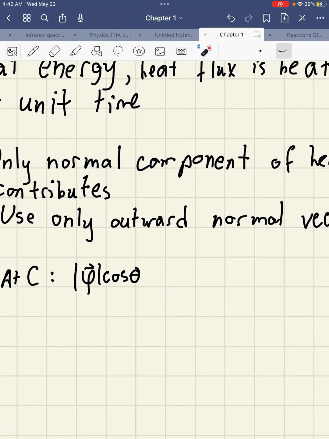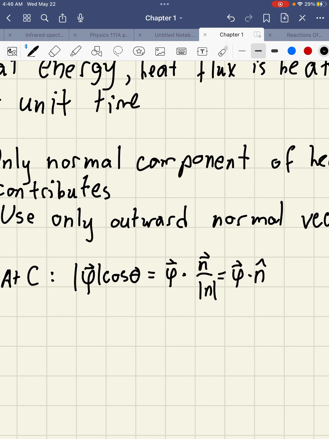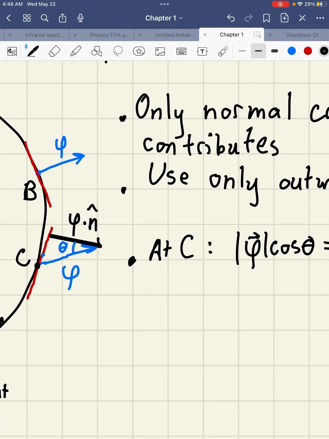So my phi cosine is just equal to my phi times the normal vector over its magnitude. So this is the unit vector. So multiply by the unit normal vector. If the dot product is negative, it's going in the opposite direction, so that means our flux is inverted.